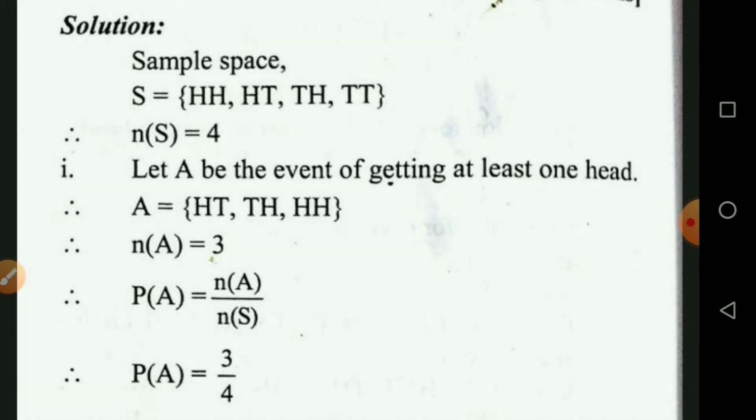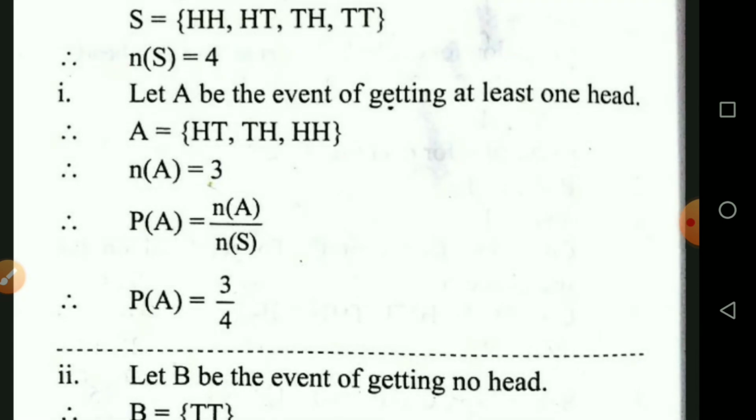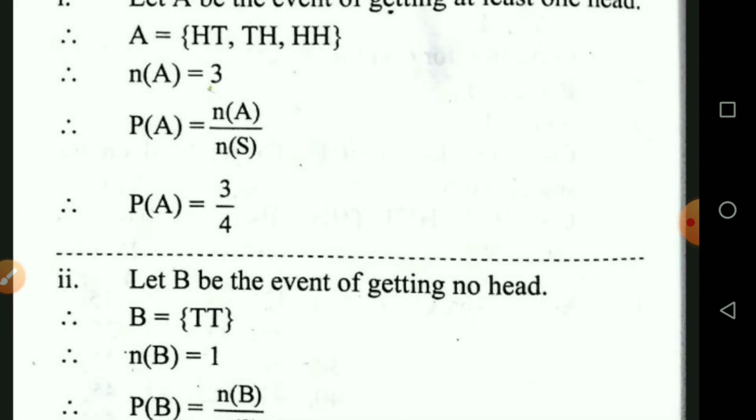Now the probability of the first event, A, P of A is equal to number of A upon number of S. P of A equal to 3 upon 4. Now give letter B to the second event. Let B be the event of getting no head.